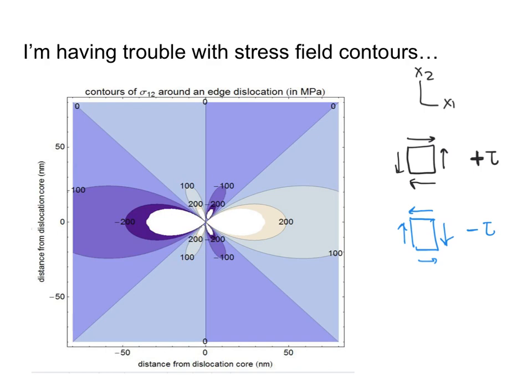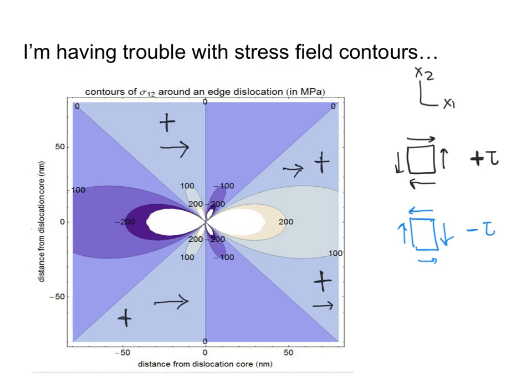And then we can go around and see where the shear stress is positive and where it is negative. So in this section it's positive, over here it's positive, and also down here it's positive, and here it's positive. That means if a dislocation is sitting at this point and it feels that shear stress, it is acting to make the dislocation move in this direction. So that's really all we want to take away from this.